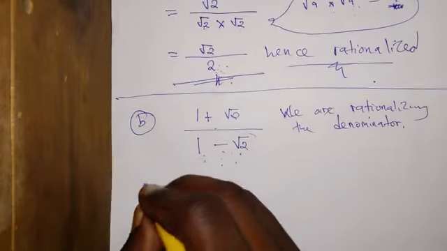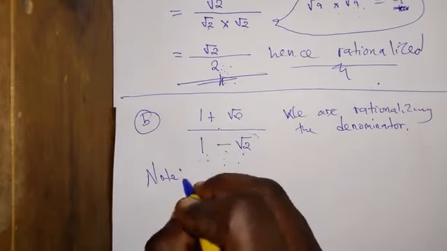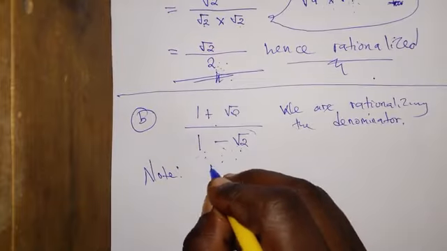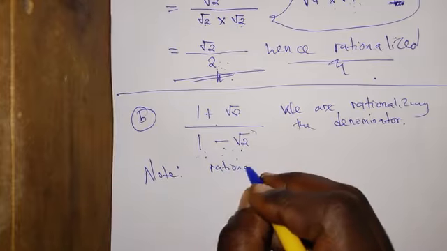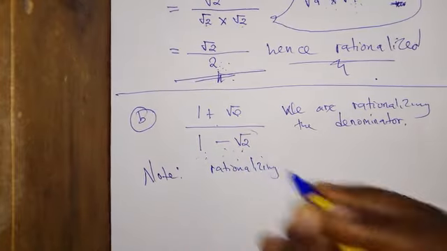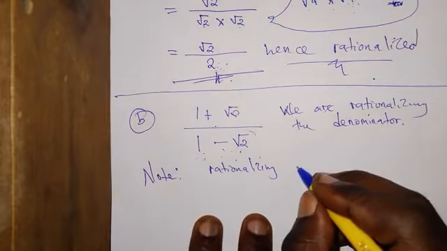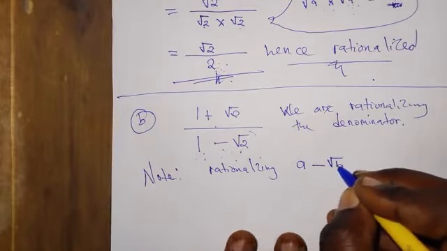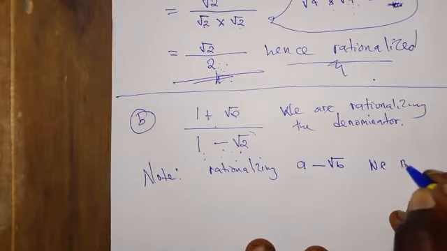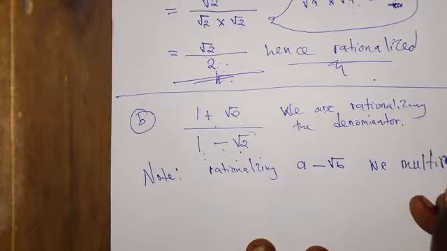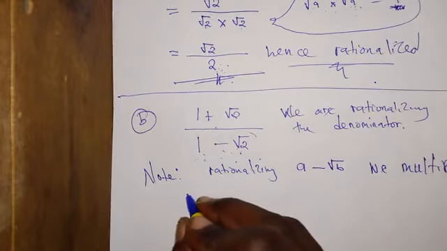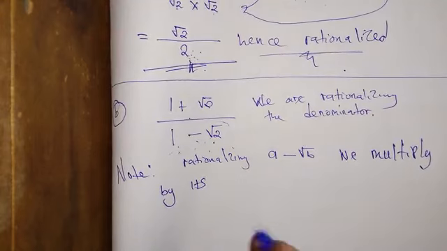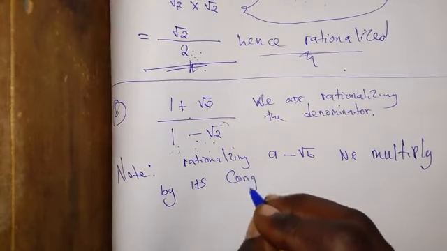So I can write that point down: when rationalizing a minus root of b, we multiply by its conjugate.